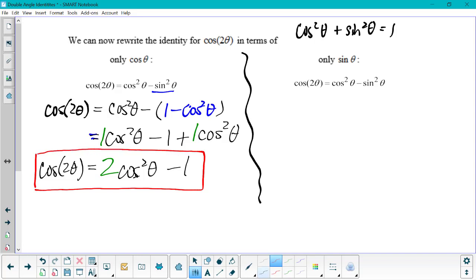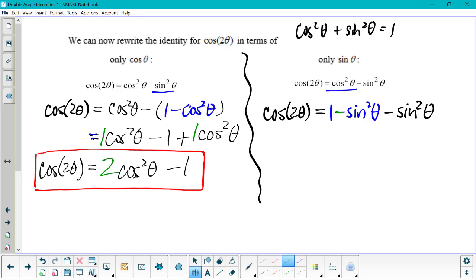I can do a similar procedure then to come up with a double angle identity for cosine in terms of only sine. So I'm going to replace cosine squared theta with an equivalent form of my Pythagorean identity. And cosine squared theta is 1 minus sine squared theta. I don't need parentheses because I'm not subtracting it from something.